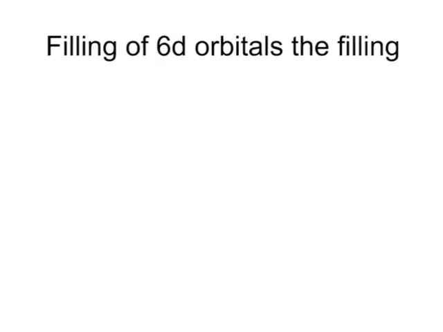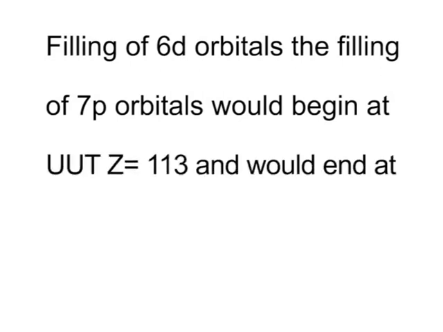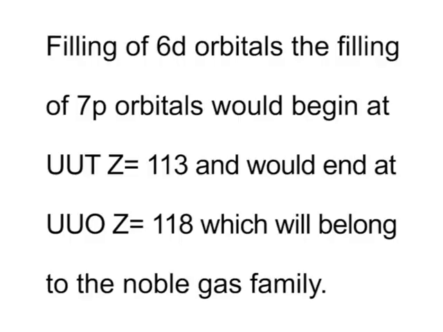After the filling of the 6d orbitals, the filling of the 7p orbitals would begin at Uut, Z equals 113, and would end at Uuo, Z equals 118, which will belong to the noble gas family.